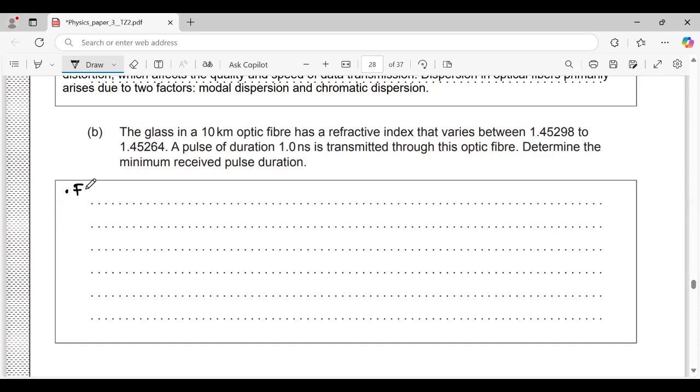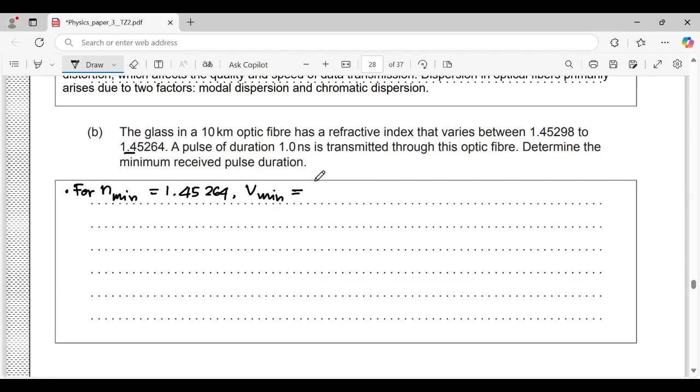I'm going to start from the minimum refractive index, which is 1.45264. This is the minimum refractive index, and this one is the maximum refractive index. So for the minimum refractive index, we can determine the speed.